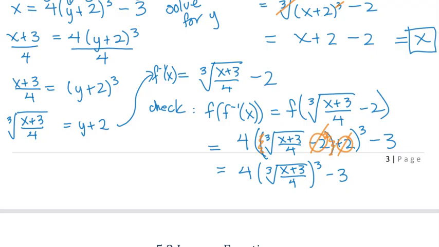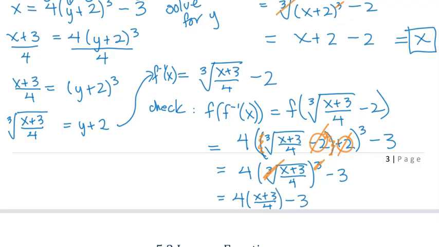Now that I've gotten rid of the 2s, as I walk through the order of what's happening here, somewhere in the middle, I hit a step where I take the cube root and then I immediately cube what I've got. So whenever those inverse operations hit back to back, those cancel each other out. So that's now gone. I have 4 times (x + 3)/4, minus 3.